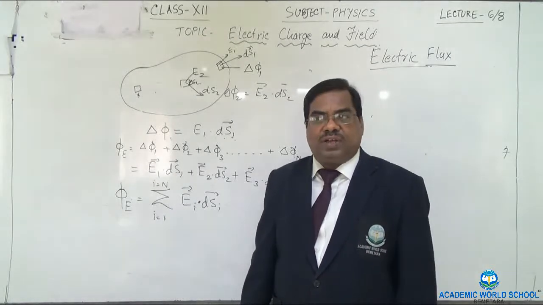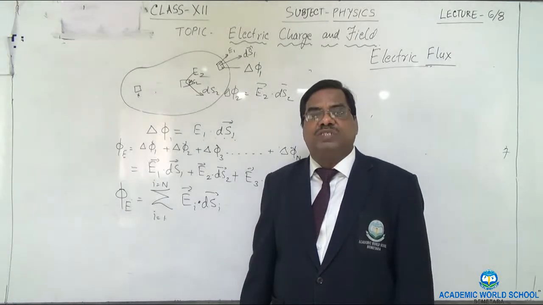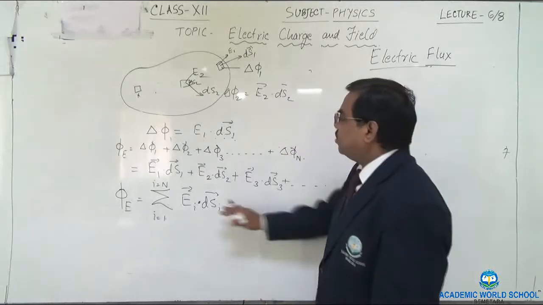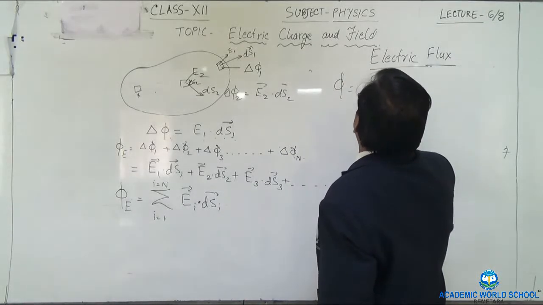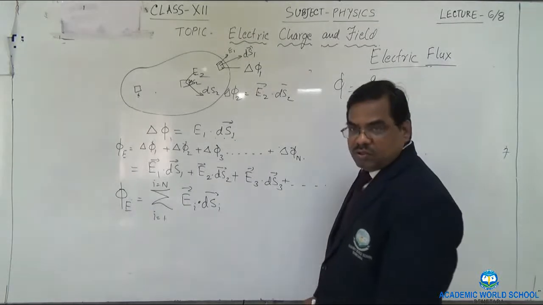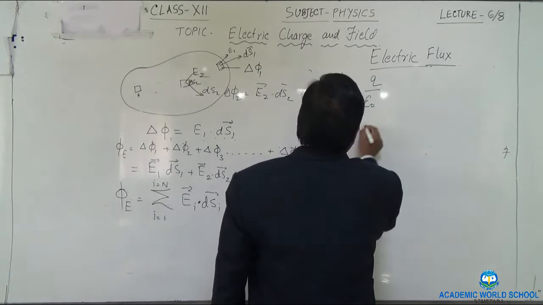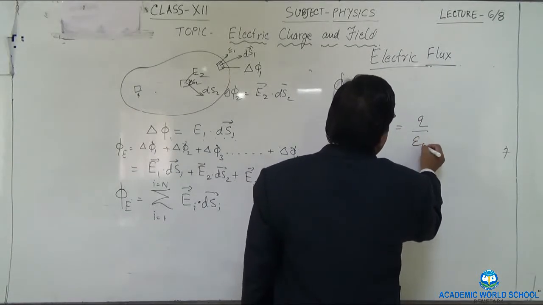For the total flux, Gauss has given one theorem, and we will be studying that theorem in the next class. Gauss said that total flux is the charge divided by epsilon, and here we have shown it is E dot ds. So E dot ds is equal to Q by epsilon.